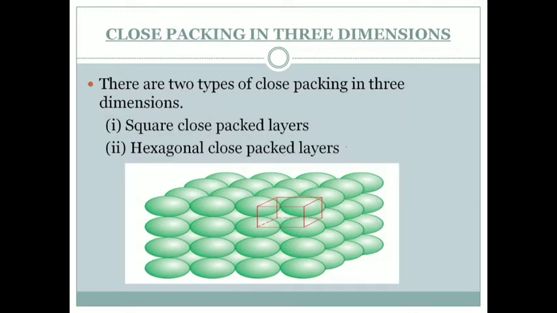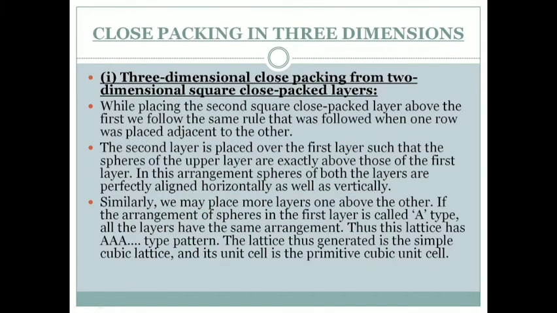Then close packing in 3 dimensions. Like in 2 dimensions, in 3 dimensions also there are 2 types of close packing: one is square close packed layers and the other is hexagonal close packed layers.